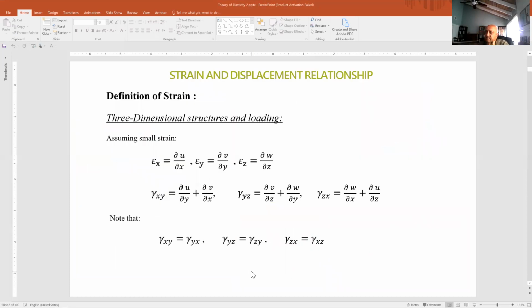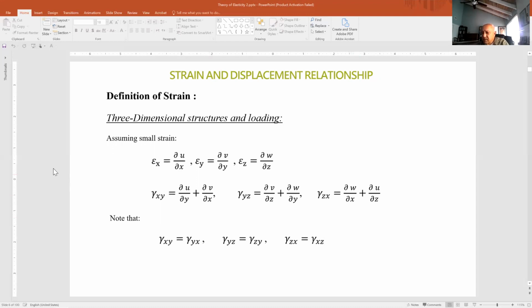So at the end, in three-dimensional space again, we can define the strain components, normal components of strain, epsilon x, epsilon y, epsilon z, as derivative of u with respect to x, y, and z. And the shear strains are defined as derivative of u with respect to y plus derivative of v with respect to x, and so forth.